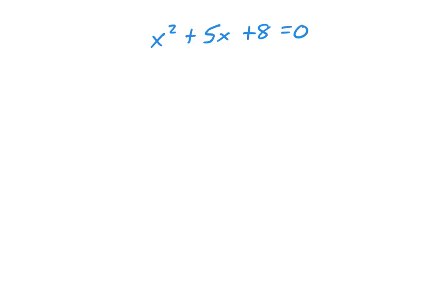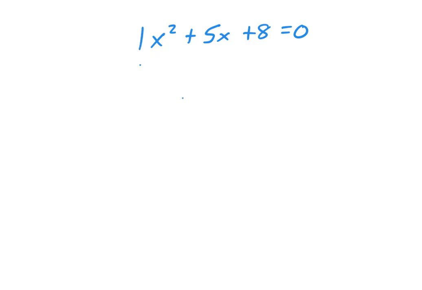Okay, if I ask you to solve using any method you want, I can pick any of the methods that we've solved with. When you see the ones that say solve using any method you want, first of all, square root method is out because we have a b value, right? I could graph it, okay?